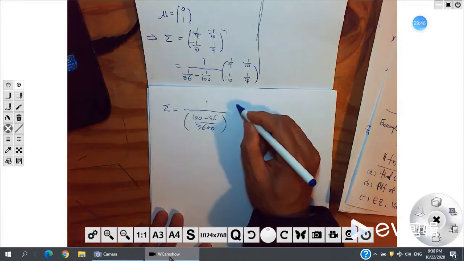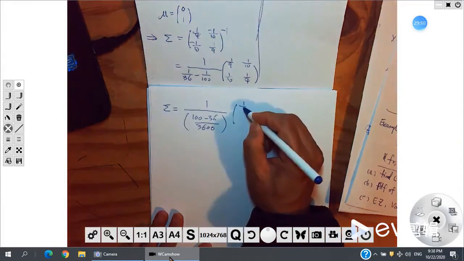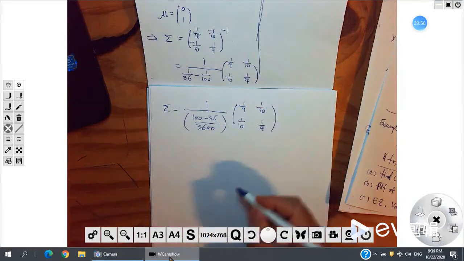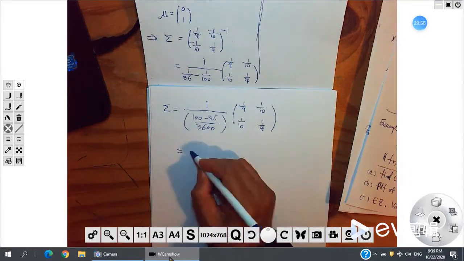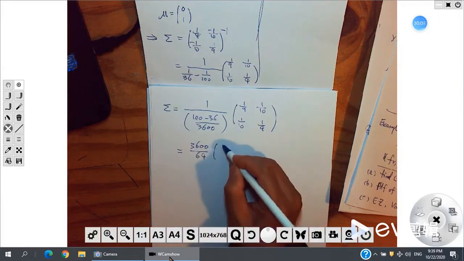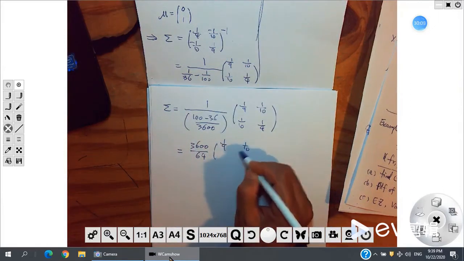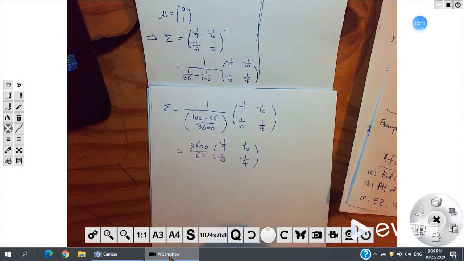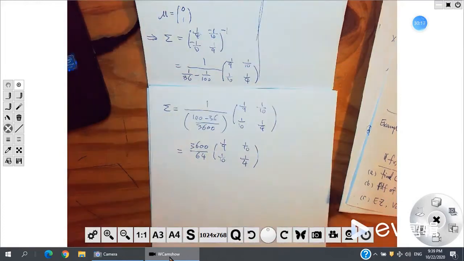And this part is 1/9, 1/10, 1/10, 1/4, and this is 100 minus 36. I have 64, and 3600 in the top, and here is 1/9, 1/10, 1/10, 1/4. Now we have sigma.